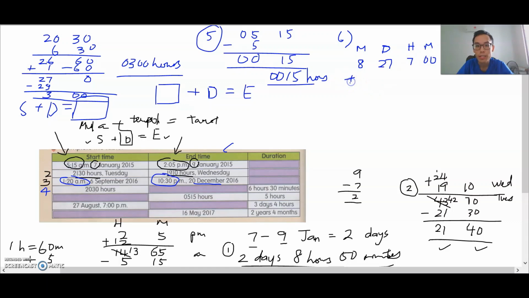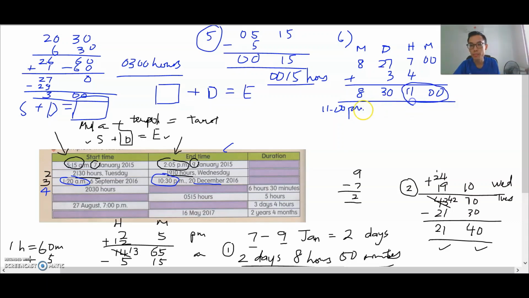So you plus 3 days, 4 hours. So you get 11 p.m. This is 30th of August. So the time is 11 p.m. You see 11 p.m. over here. This is 30th of August. So this is the answer for number 6.